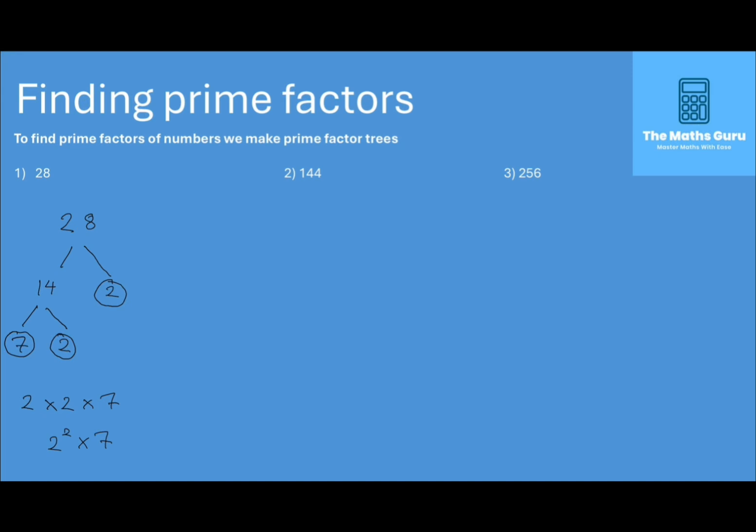Now 144. Creating a prime factor tree for this one, we can break this up into 12 and 12. Both these numbers can be divided, so I'd go 4 and 3.